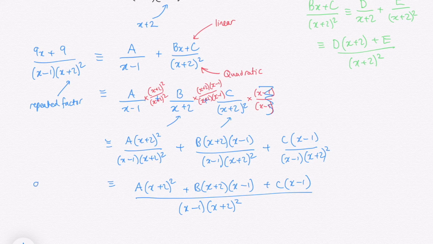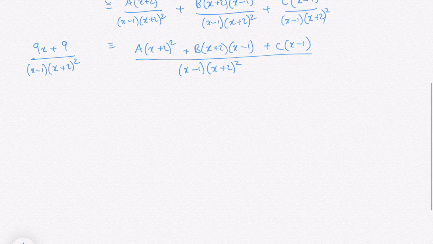But this is identical to 9x plus 9 over x minus 1, x plus 2 squared. So we need to find the values of a, b and c which make this true. Well, this is an identity. It is always true. So we know that these numerators are identical.